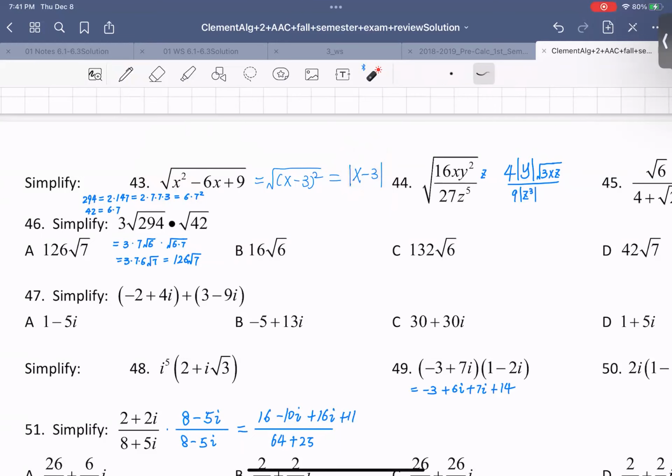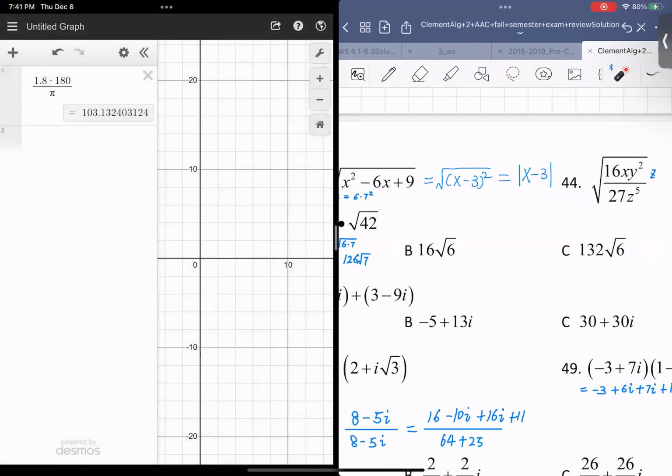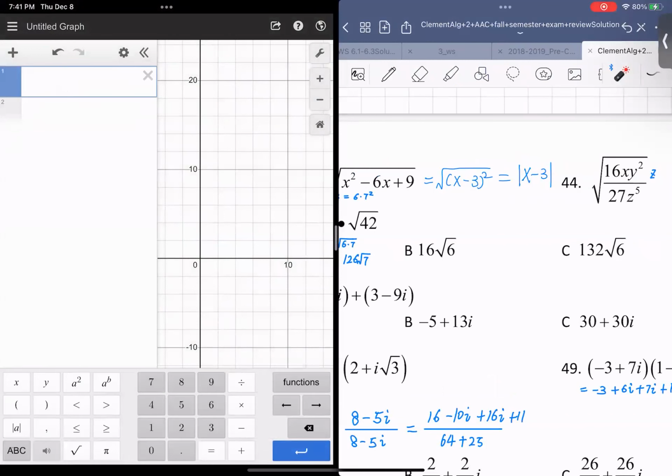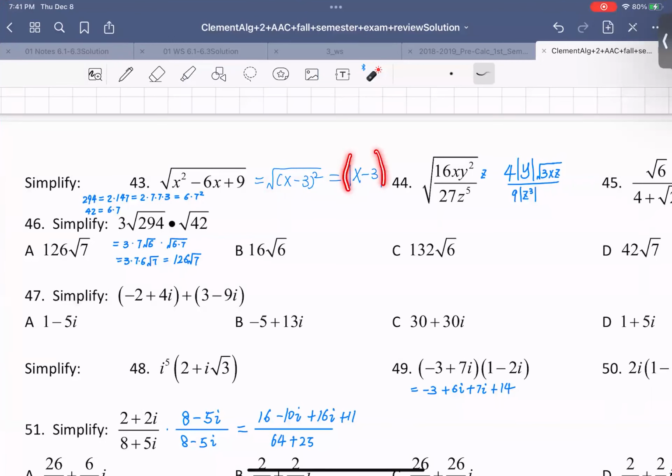Look, you see, this is the absolute value, right? Vertex at 3, 0. Make sure you have this, okay?